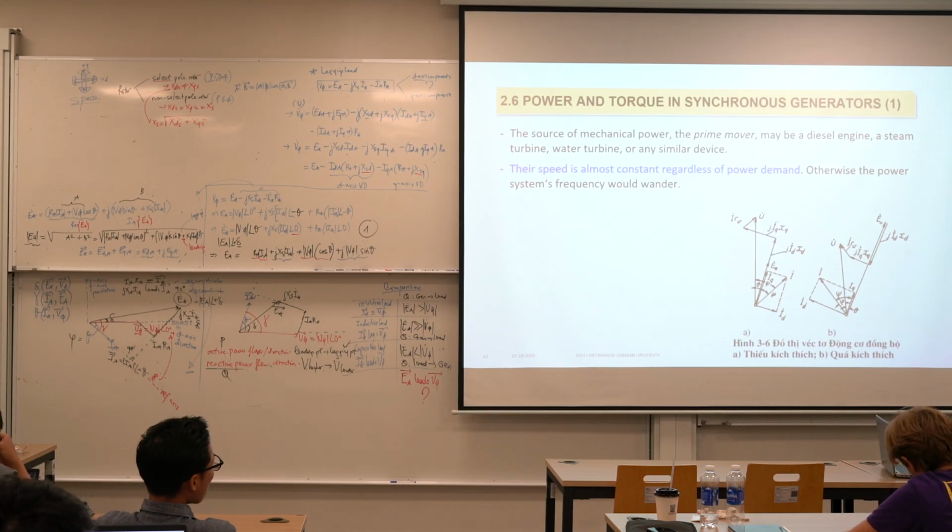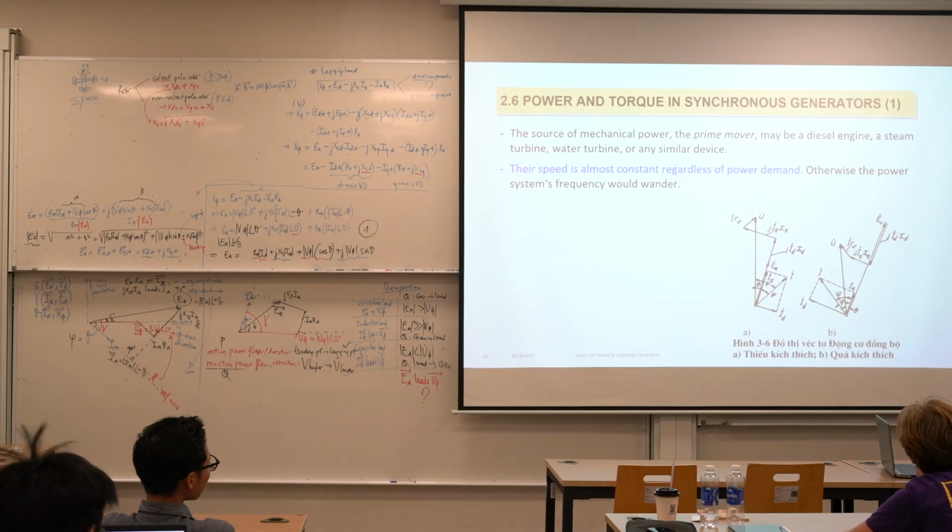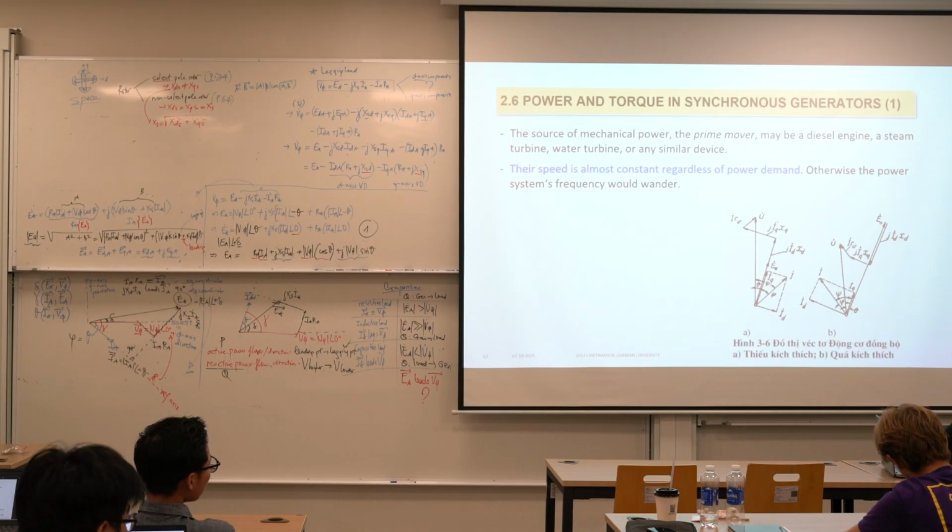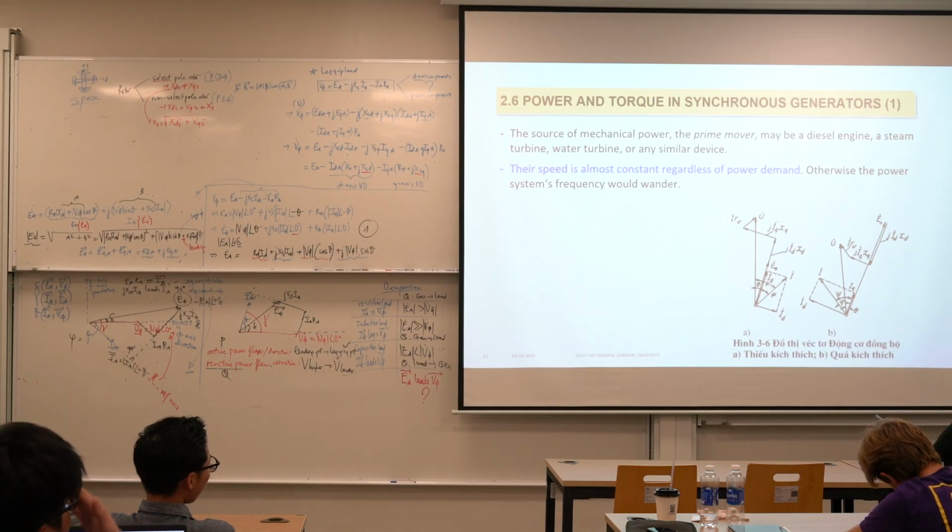So if we have a thermal power plant, we need to use a gas turbine or steam turbine. So if the steam turbine rotates, that means the rotor rotates, and we can get the voltage.